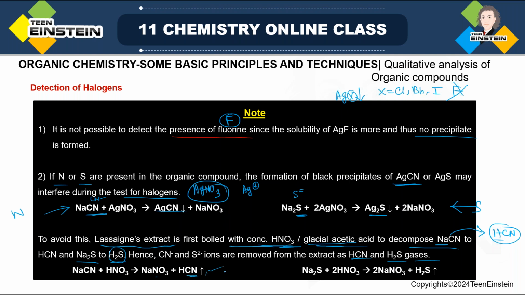From the sign you can understand this is gas, and this is also gas. Once it is removed, you do not have any NaCN or Na2S in the medium. You can simply do the normal test for halogens and there will be no interference. So we have to keep these things in mind.